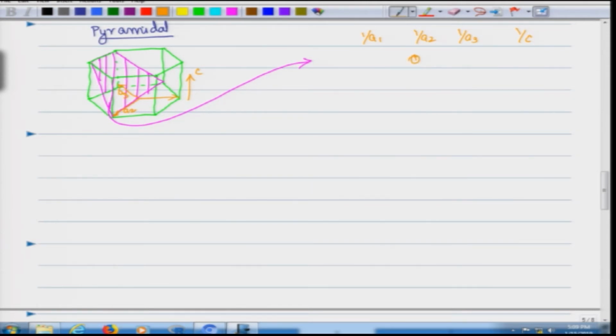So, this becomes 0, and as far as A1 is concerned, you can say that this is 1, and once you have 1 and 0, the third one becomes bar 1, and in the C direction you can see from here to here it is 1 C. So, this becomes 1, therefore, this is 1 0 bar 1 1. Now, another plane that we will draw over here, which is also pyramidal.